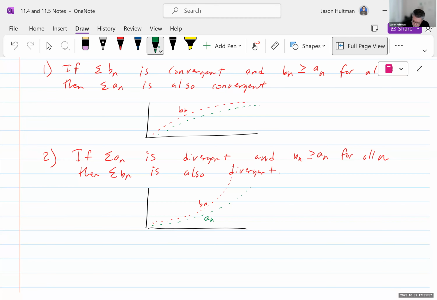Okay, that makes me more happy. So we get this sum, right? These partial sums. The summation of b sub n is going to converge.